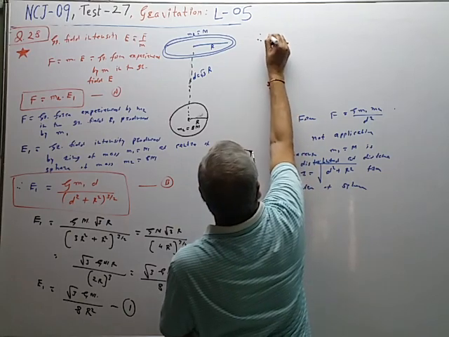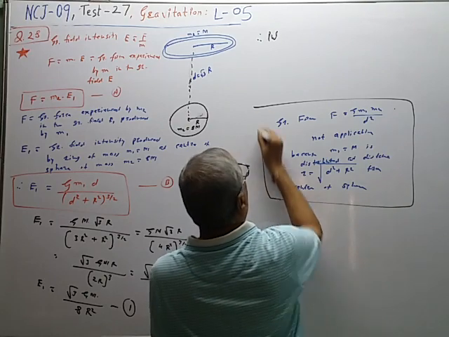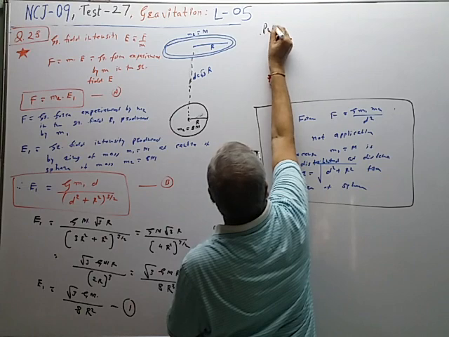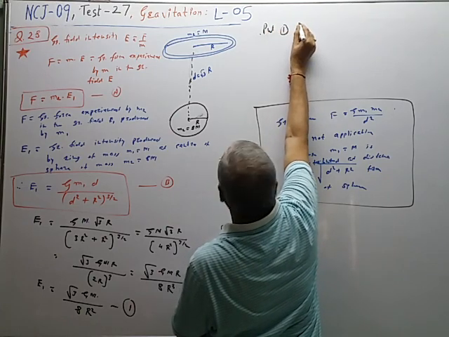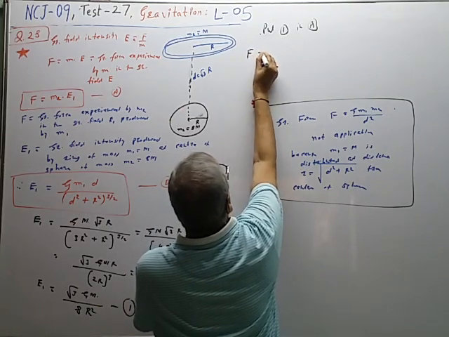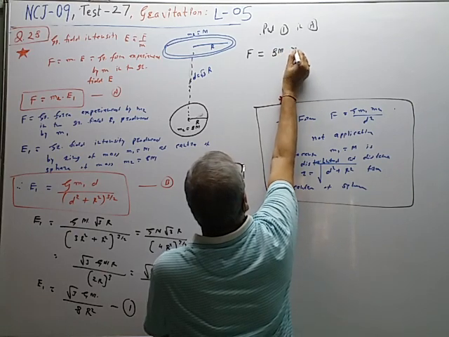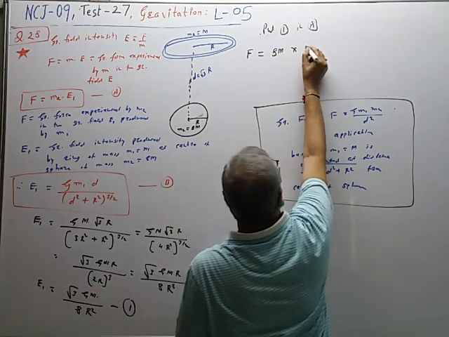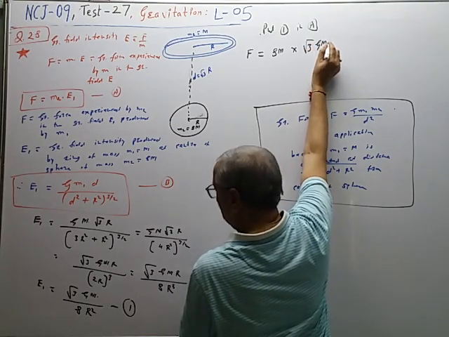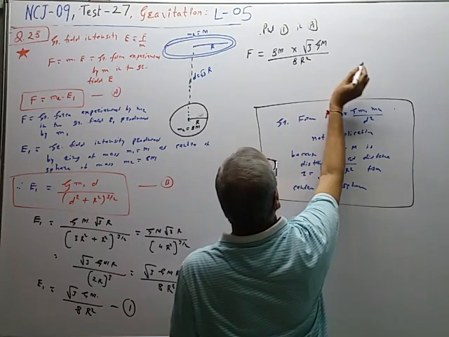Therefore, put 1 in A. Therefore gravitational force of attraction between ring and sphere is equal to M2 is equal to 8 times M multiplied by root 3 G M upon 8R square.